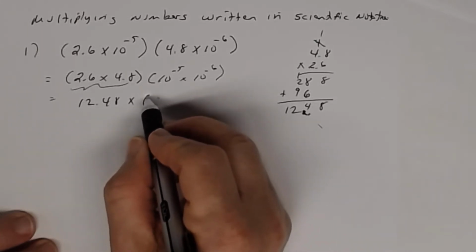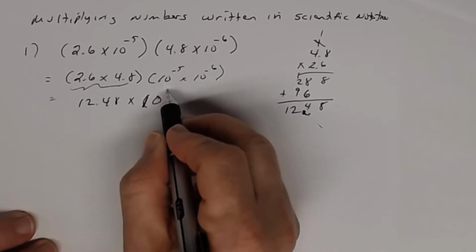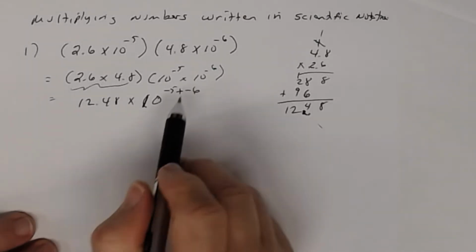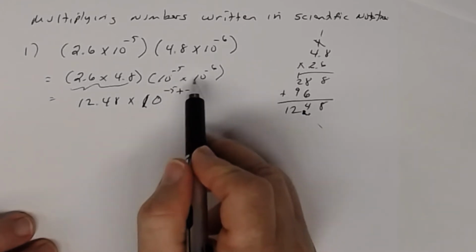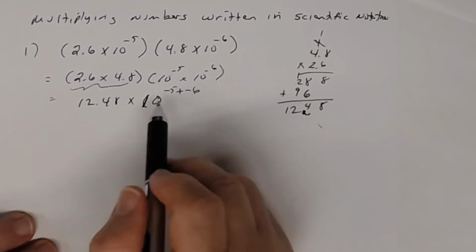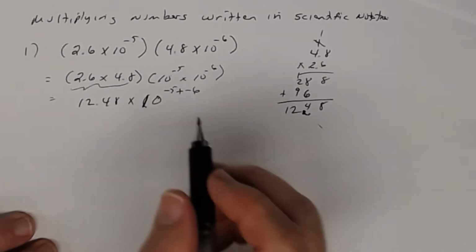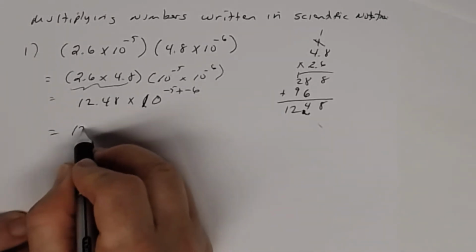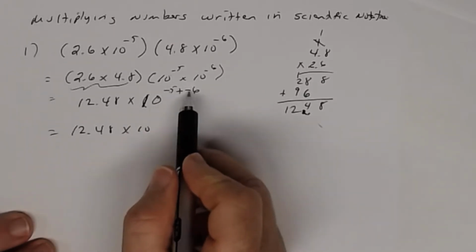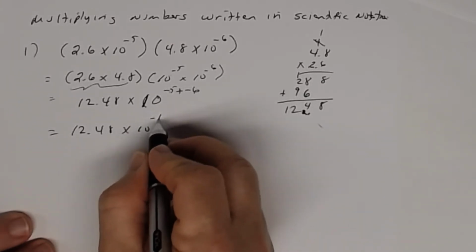So it'll be 10 to the negative 5 plus negative 6. So you add exponents. When you multiply like bases, you learned that in the previous lesson. When you multiply like bases, you add exponents. Negative 5 and a negative 6. So it becomes 12.48 times 10. And then negative 5 and negative 6 is a negative 11.